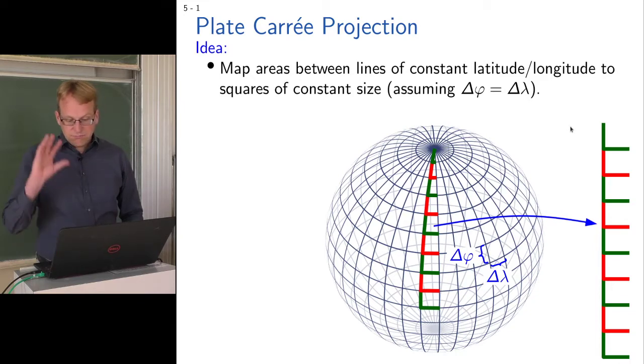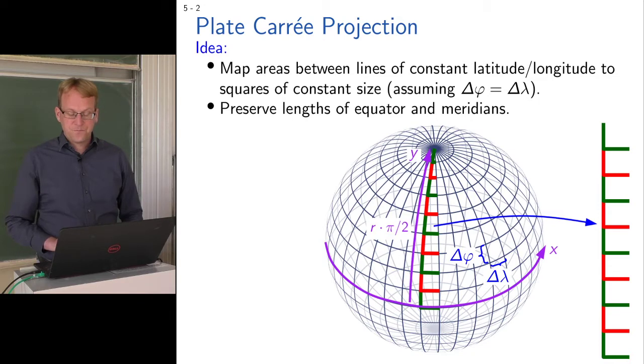Okay, so that is geometrically how you can visualize this Plate-Carré projection. Let's get a bit more into the mathematics. Of course, we have this x axis that you can imagine here at the equator. You can imagine this y-axis here from the equator pointing towards the North Pole.